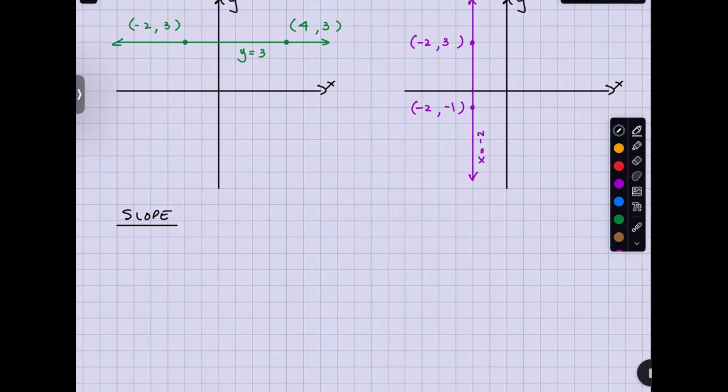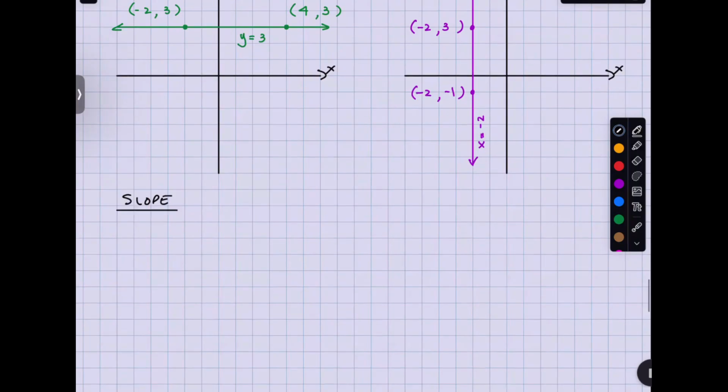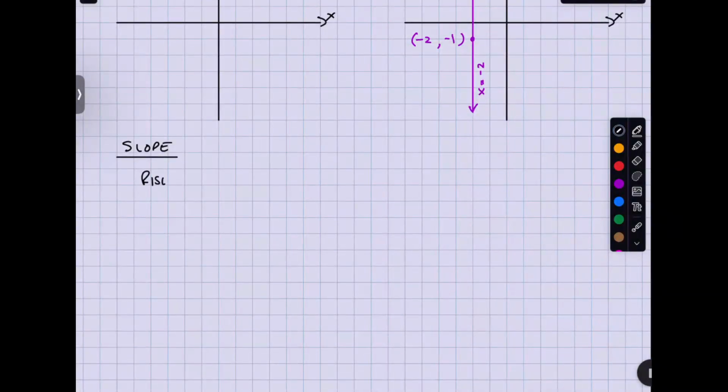So when I found the slope, how did I use the slope to go from the y-intercept to the next point? How did I move? Do you guys remember? Rise over run. Is that right? So we know slope as rise over run.